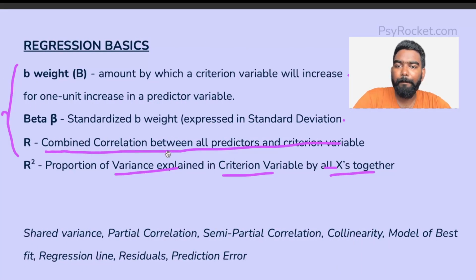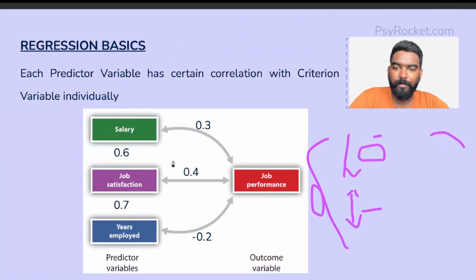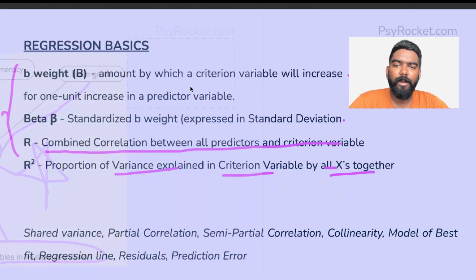R is nothing but the combined correlation between all predictors and the criterion variable. What is that combined correlation? Suppose salary has a correlation of 0.3, job satisfaction has 0.4, and years of employment has 0.2. When we combine all of these, and I don't mean addition, you might get something like 0.6 or 0.7. That is R.